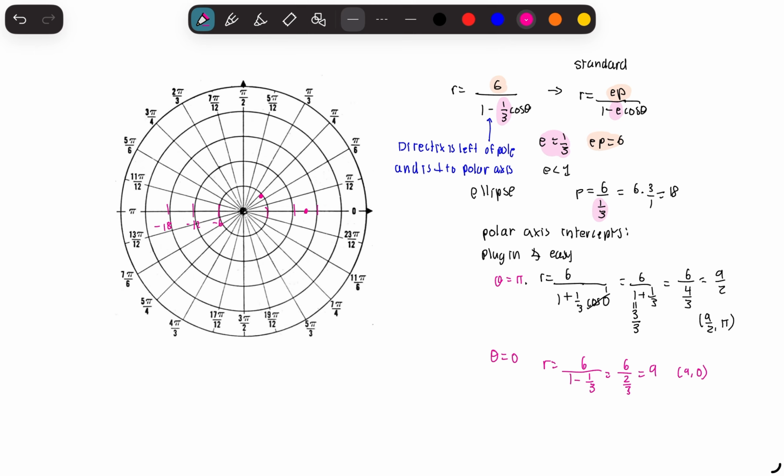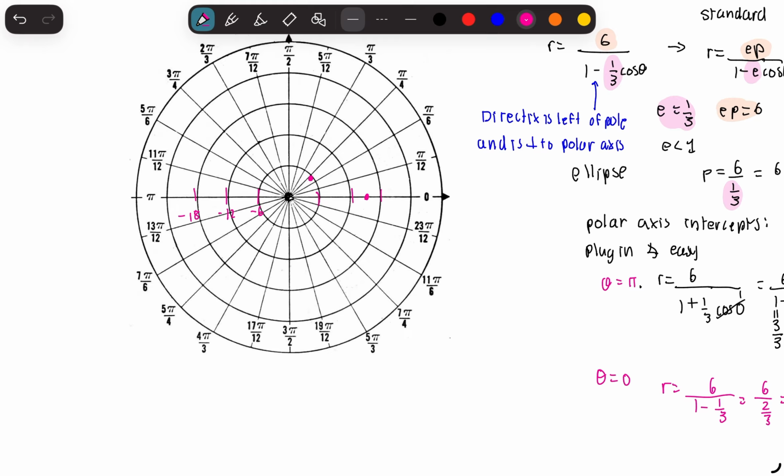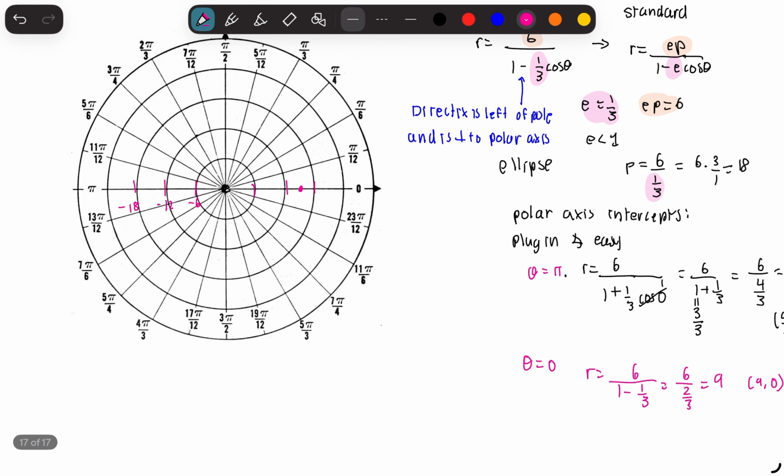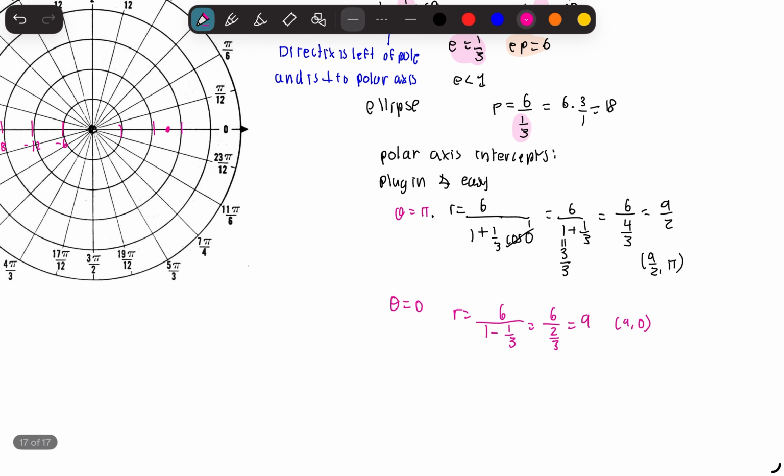You're going to have a graph that looks something like this. So it passes through 9, 0, and it also passes through approximately here. So that's going to be 9 as well.